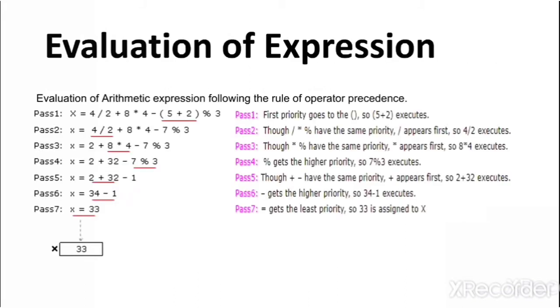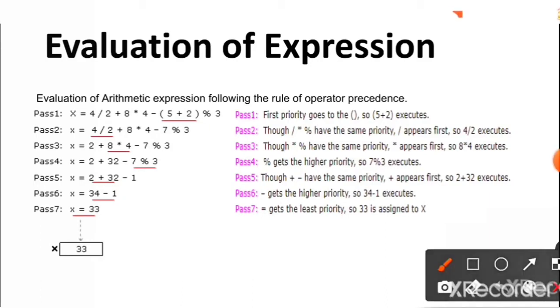In the first scan from left to right of this expression, we found there are different operators. According to the priority rule, the first priority goes to the brackets. So 5 plus 2 is executed and you will get the answer 7.